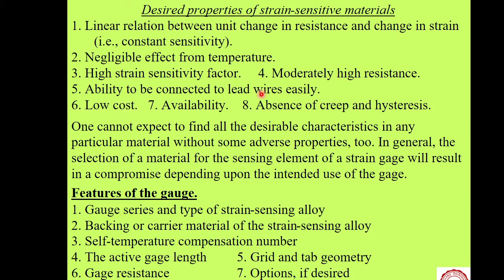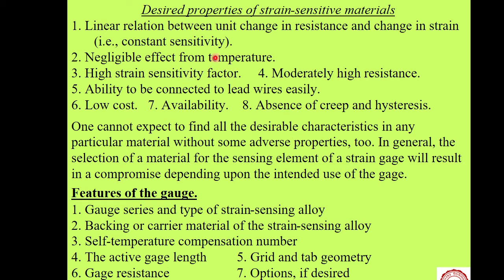Desired properties, linearity we have already discussed. This is important: one cannot expect to find all the desirable characteristics in any particular material, with some adverse properties too. In general, the selection of material for the sensing element of a strain gauge will result in a compromise depending upon the intended use of the gauge.